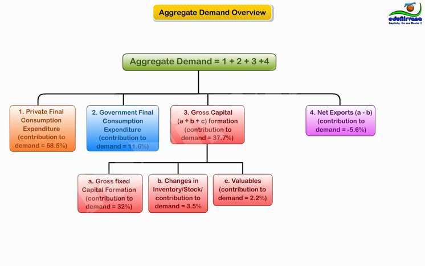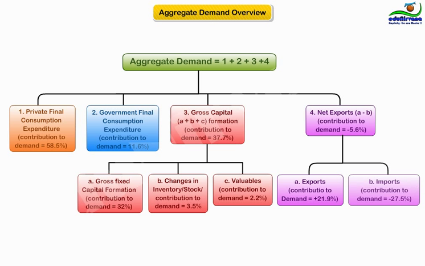Contribution to demand is minus 5.6%, and this is divided into two subcategories: A minus B. They are: exports. Contribution to demand is 21.9%. Imports. Contribution to demand is minus 27.5%. Some alien names, but broadly they carry exactly the same meaning as what we have learned in the theory.